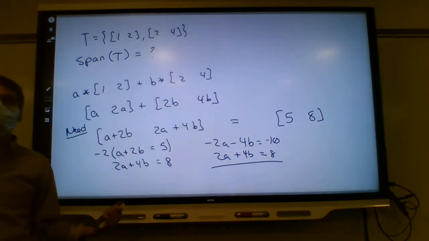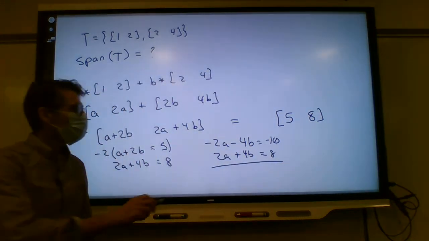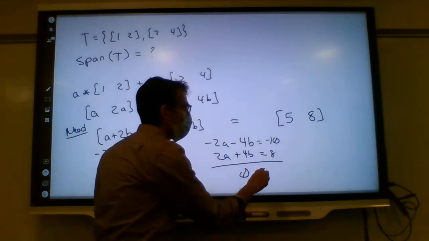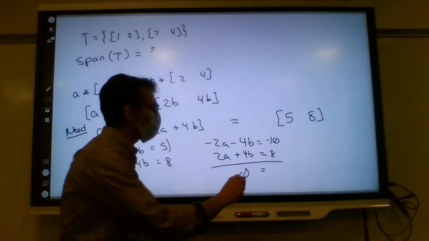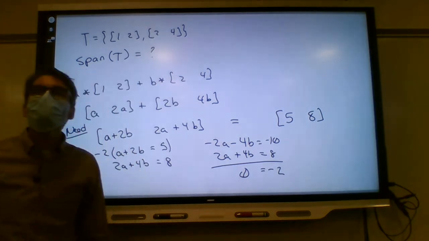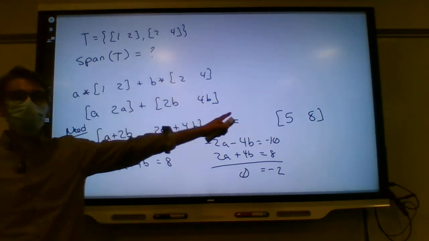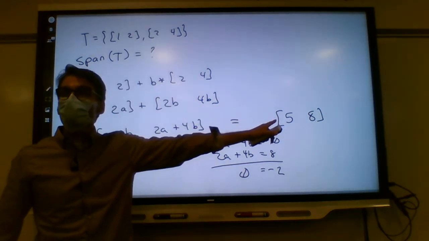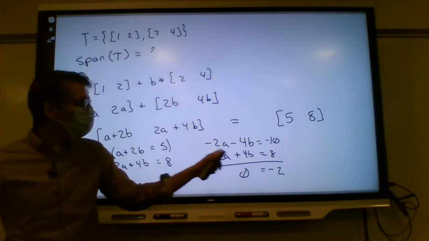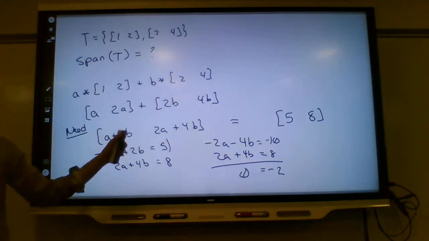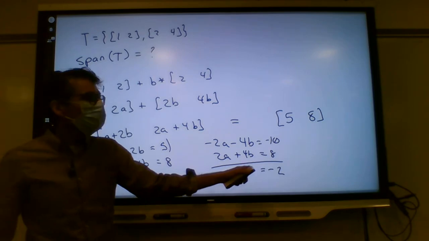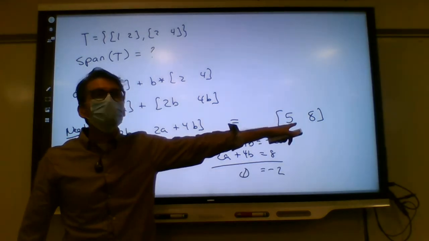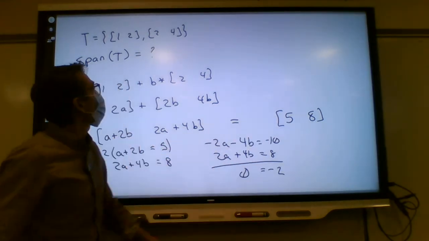And what happens on the left-hand side? We get 0. And on the right-hand side, we get negative 2. What does that mean? That means that we cannot build 5, 8, because there's no choice of A and B that we could put in here that would give us 5, 8 as the output.